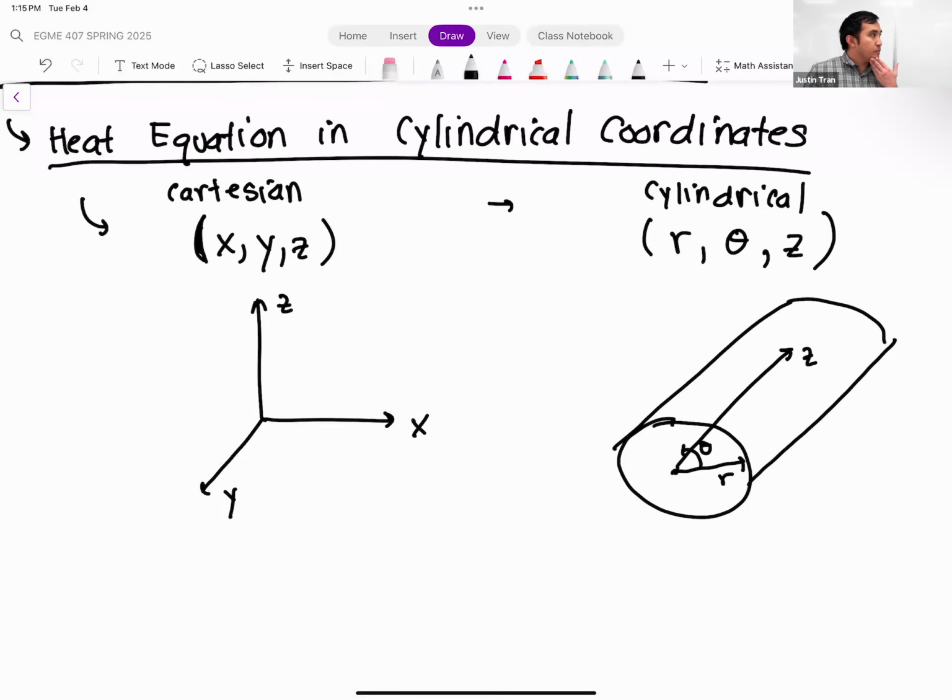The key thing to understand when looking at cylindrical coordinates is how the R and theta directions interact. In a Cartesian system, X, Y, and Z are always fixed in the same direction. The R here stands for radial, so the R direction doesn't always point in a fixed direction.